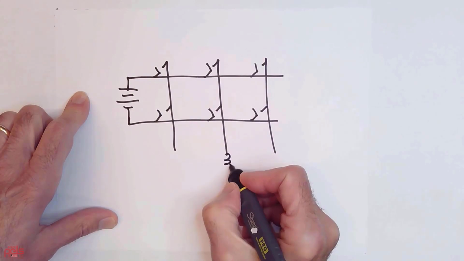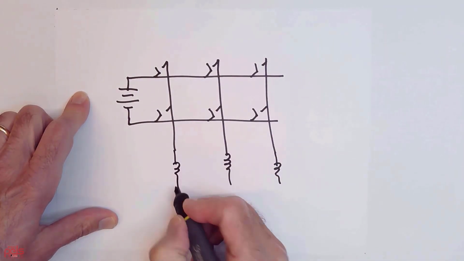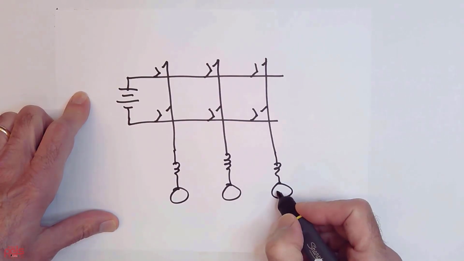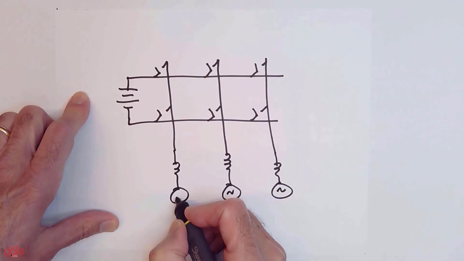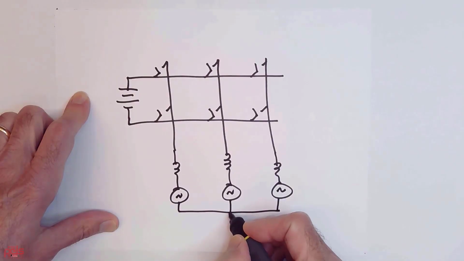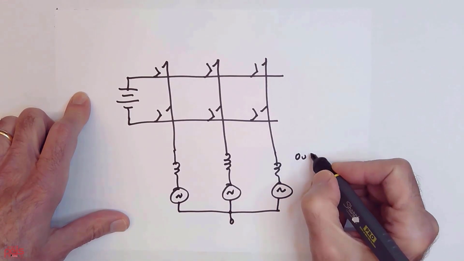The easiest way to do that is with a set of series inductors. And now these basically can be AC voltages in a 3-phase set coming out like that, right? So there's a typical circuit with then output inductors.